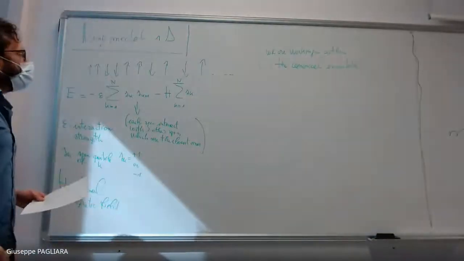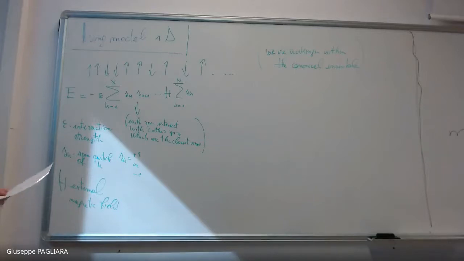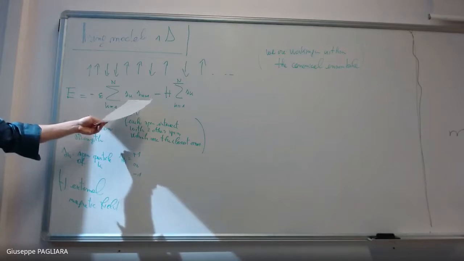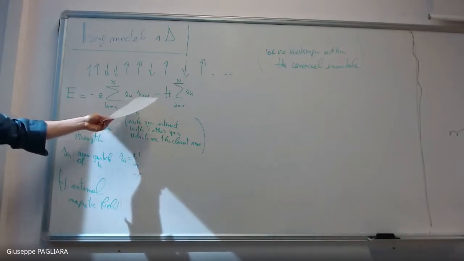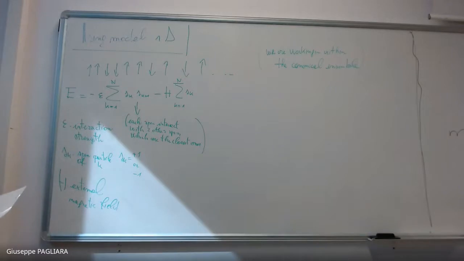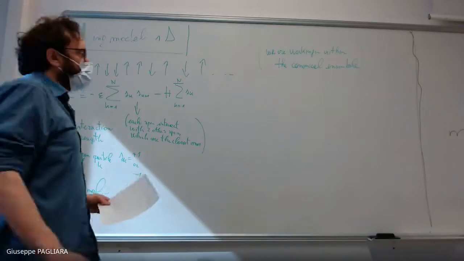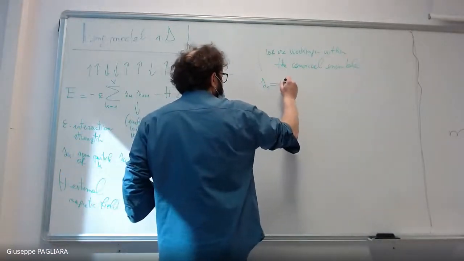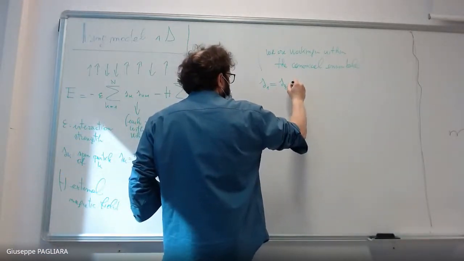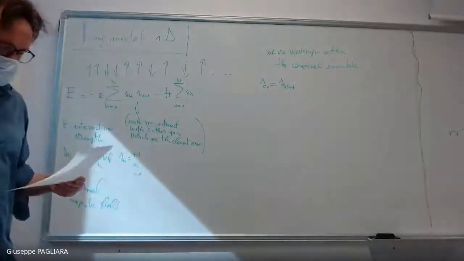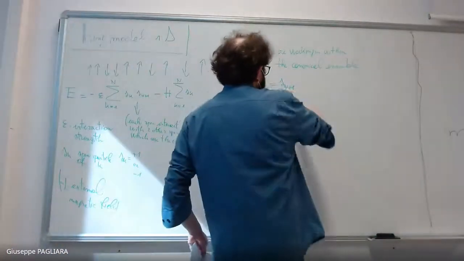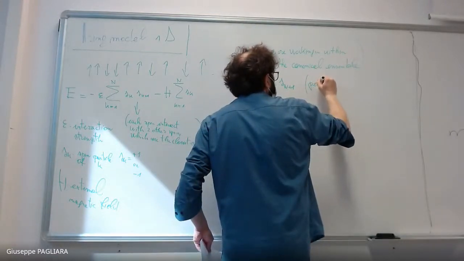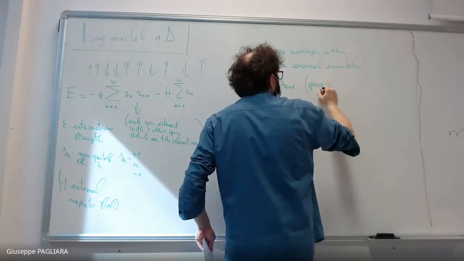And in order to make the calculation easier, we do not like what happens at the edges of this linear chain, which are S1 and SN. Therefore, we are going to make the following assumption, that S1 is equal to S(N+1), which means it's like a periodic boundary condition.